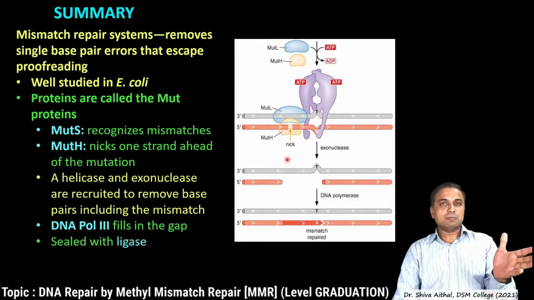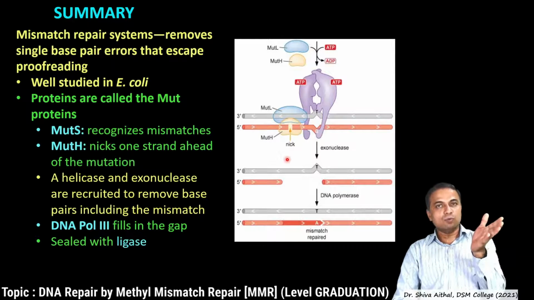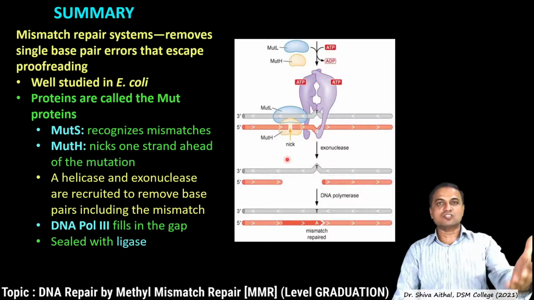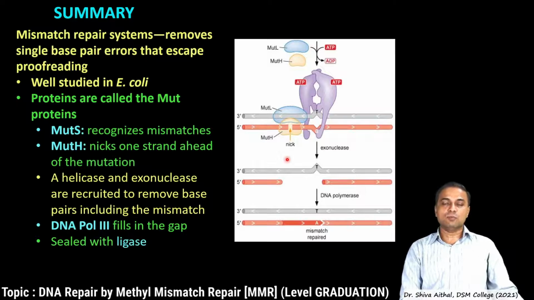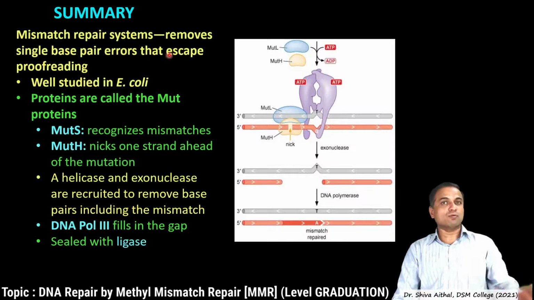But here, this may result in a spontaneous mutation, which may sustain for the next generation. So it is just one single base. We have seen there are 9 different types of phenotypic effects which can happen on the protein. So a single base pair error which escapes the proofreading is removed by the methyl-directed mismatch repair system.